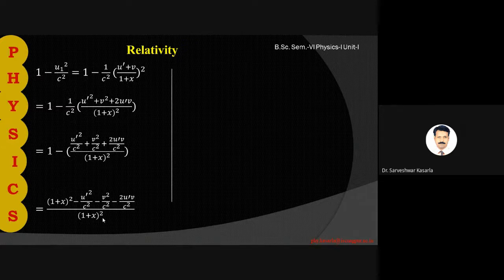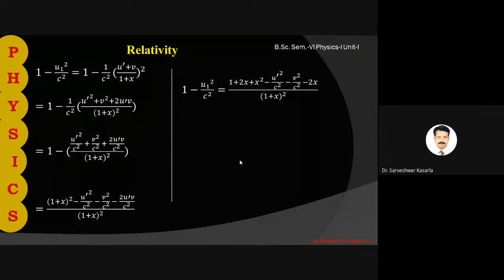So our next step is, here (1 plus x) square can be written as 1 plus 2x plus x square, minus u dash square upon c square minus v square upon c square minus 2x. Because this u dash v upon c square is here, that can be replaced by x.